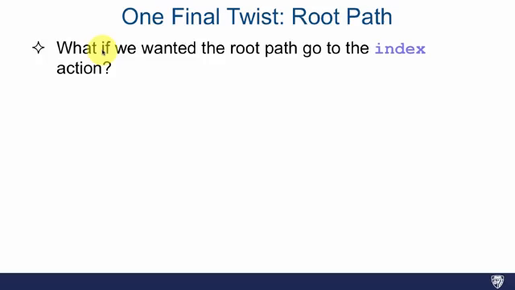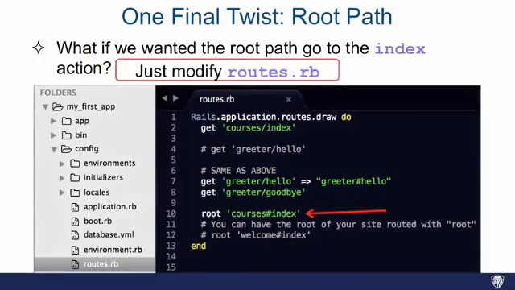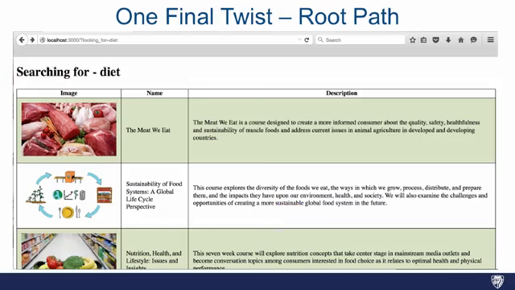You can do that by specifying in routes.rb root courses#index, which means that the root path to your application is going to go to the courses controller and the index action. So now if we don't specify courses index, we just specify looking_for, our request parameter, equals, let's say diet, we get these courses.